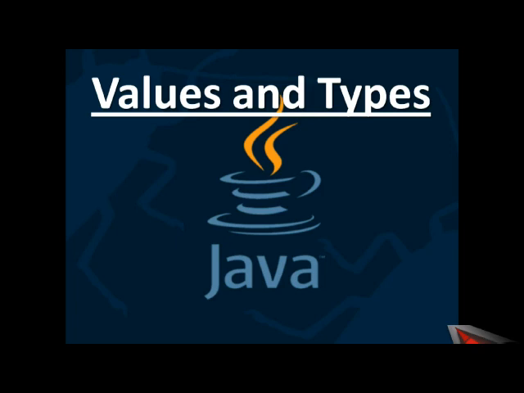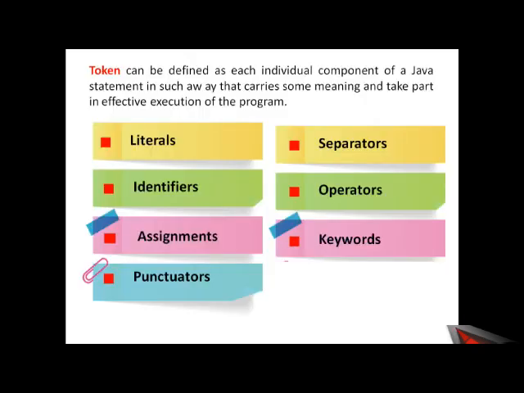Hence, the compiler must know the type of data you are likely to supply for storage to ensure optimum utilization of memory space. This is the reason data types are required in Java programming.